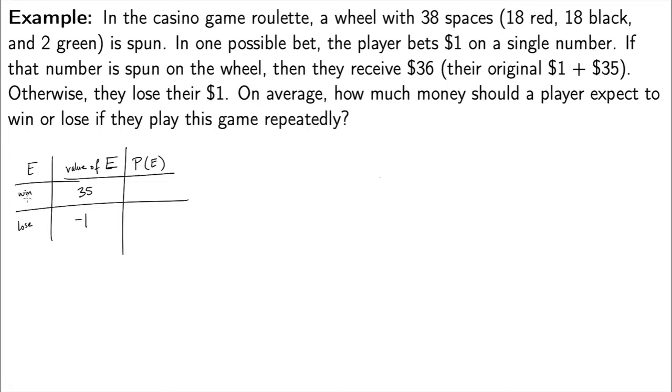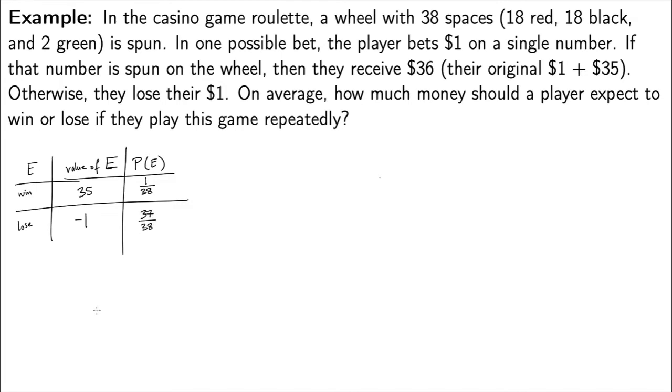The person bets on a single number, and then we spin the wheel. Now there are 38 different spaces, so the probability of winning is 1 out of 38. And the probability of losing is, well, you lose with 37 of those spots, so 37 out of 38.